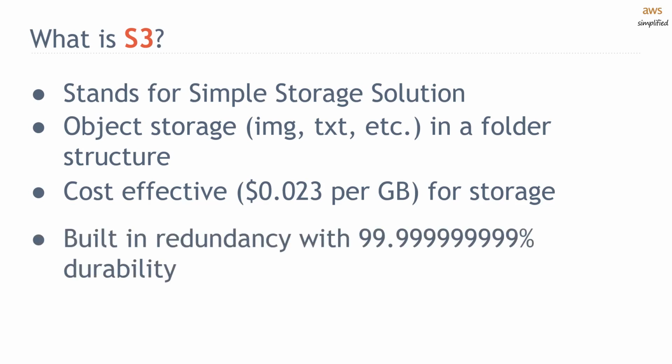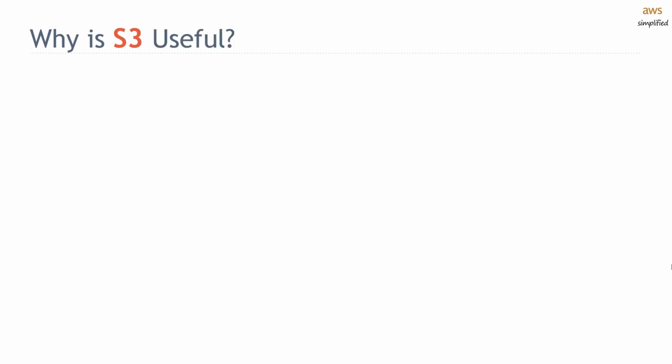It also has built-in redundancy with 99.11 worth of durability. What that basically means is that S3 is replicating your bucket and all its contents across three availability zones. Those are three different physical locations. So the likelihood that S3 is going to lose one of the files that you upload is extremely, extremely low.